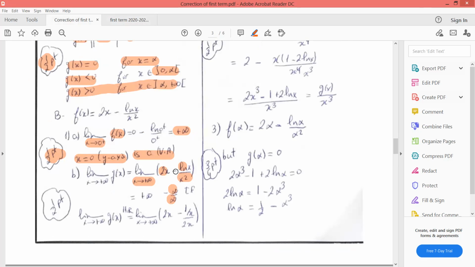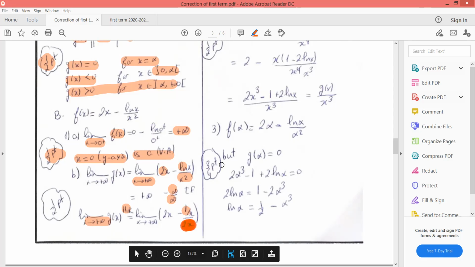Always you have to pay attention. You don't apply L'Hospital's rule only to the fraction, not to the 2x; you take the derivative of 2x as well. So limit as x tends to plus infinity, we have to state that we are going to use L'Hospital's rule. 2x becomes 2, derivative of ln x is 1 over x, derivative of x squared is 2x.